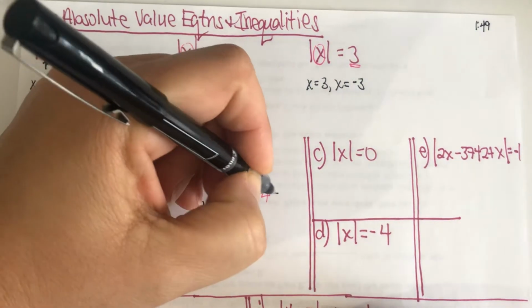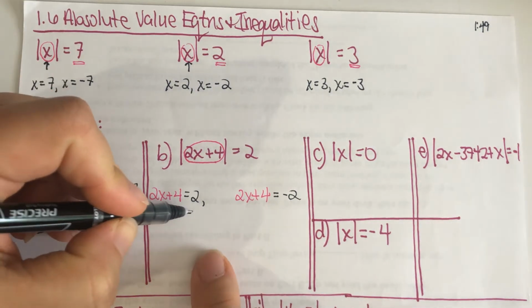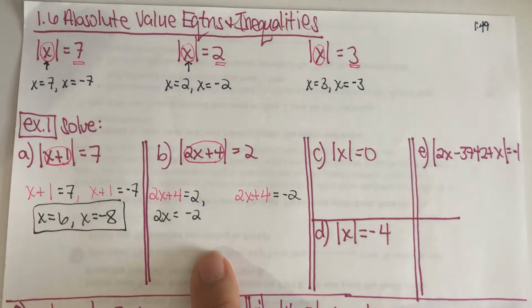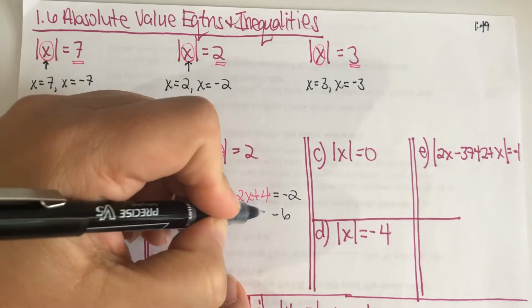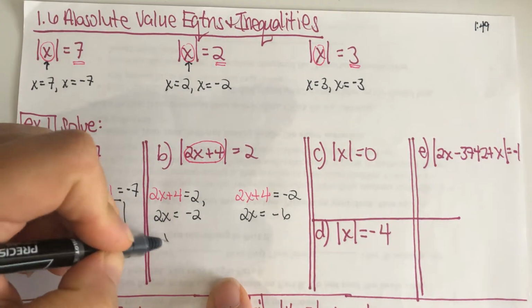So +2 and -2. That's the only step that's new from anything we've done. And now I just need to solve. So subtract 4 from both sides. Subtract 4 from both sides. And then divide by 2.